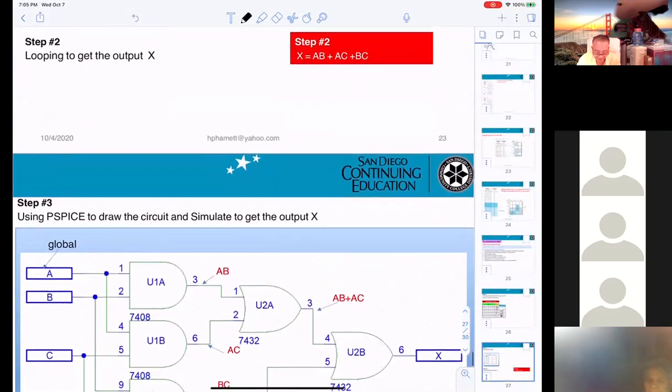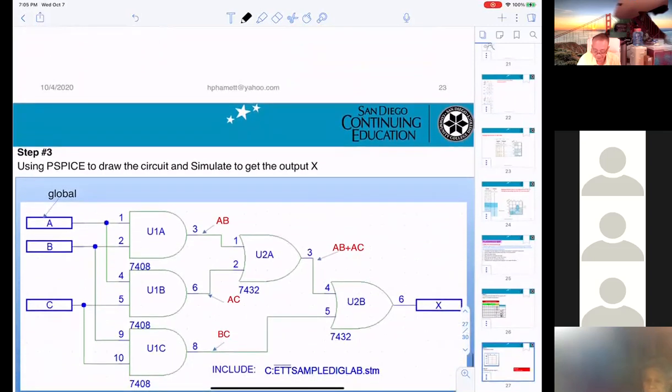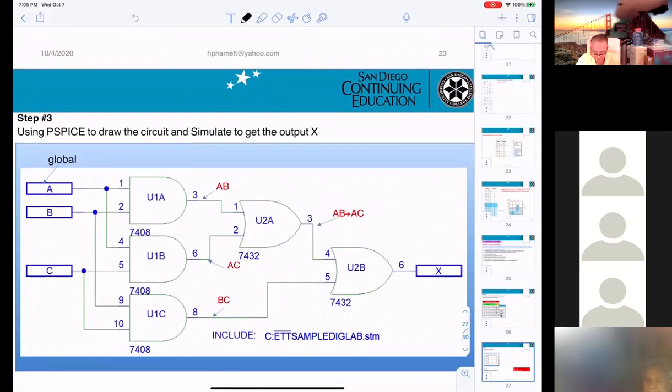After that, we will go to PSpice to draw the circuit. And after you draw the circuitry, you run the simulation to make sure the output is correct. Then you can build this circuit and write the test program to test the circuitry.